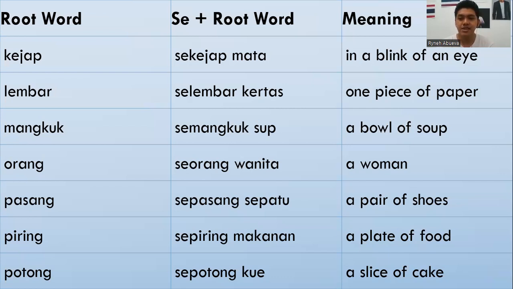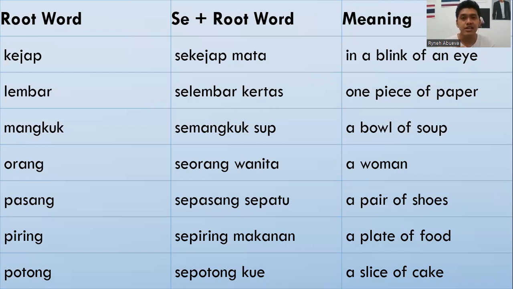Potong. Potong means to cut, para siyang naghihiwa, or to cut or putol or hiwa. And then we are going to add the prefix se, and that word will become sepotong kue.